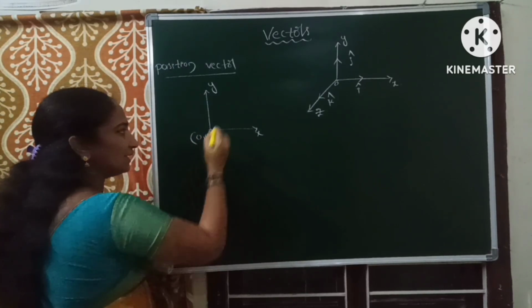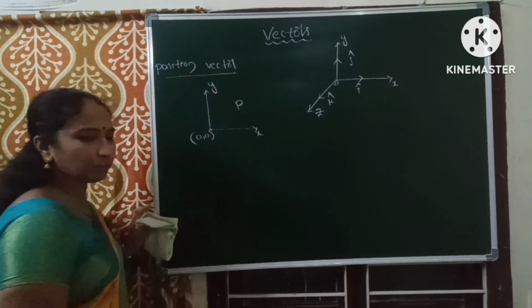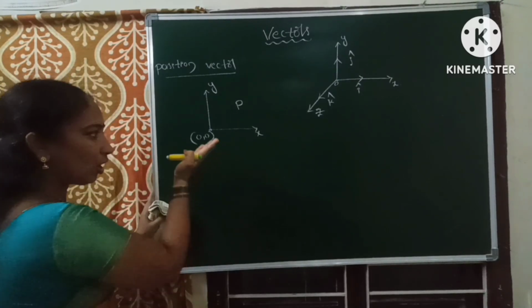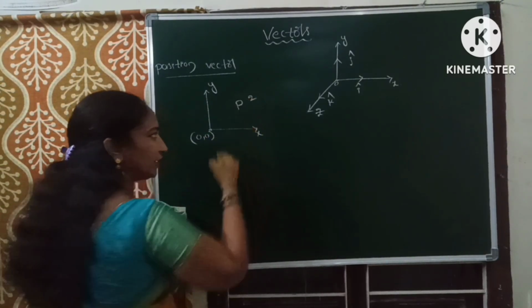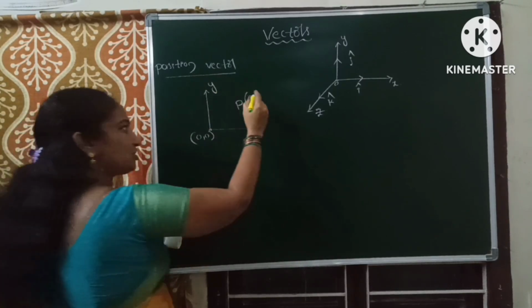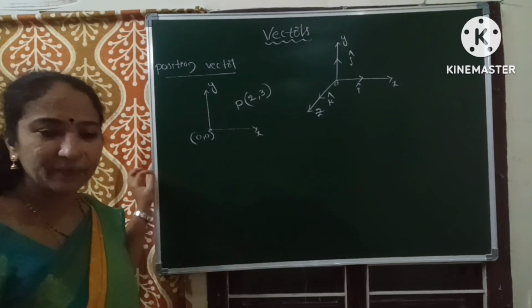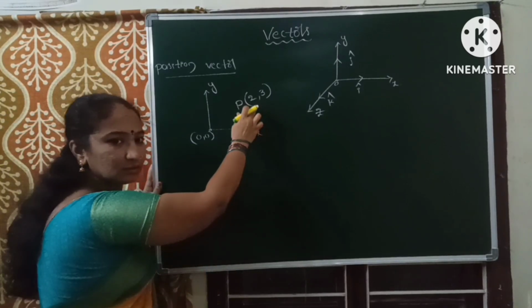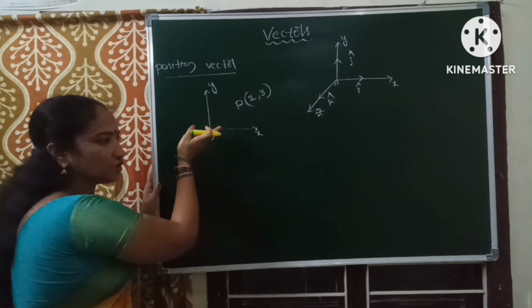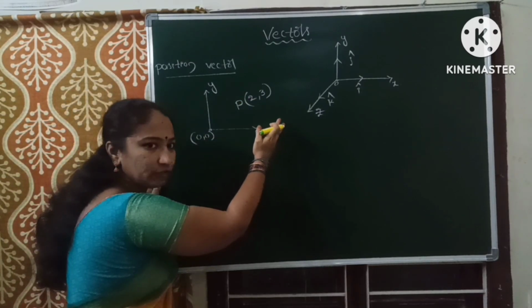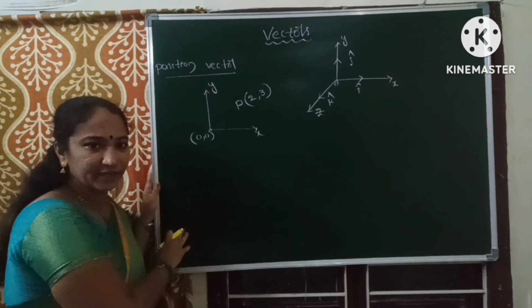Now, one particle is at the position P. So, how much distance did it travel? Along the x direction it travelled 2 units and along the y direction it travelled, for example, 3 units. Here the point 2, 3 represents the position of the vector from the origin. From the origin it went 2 units along the x direction and 3 units along the y direction.